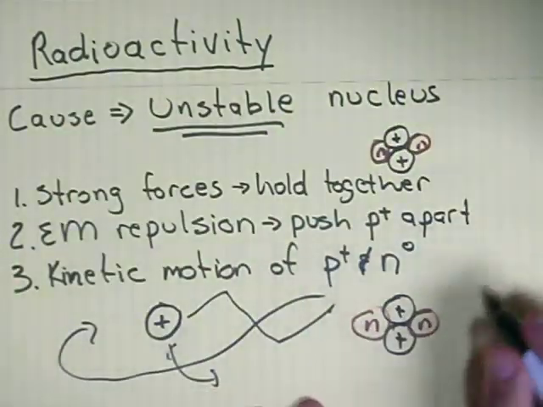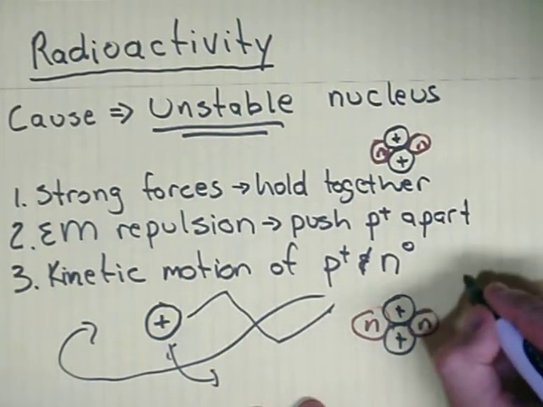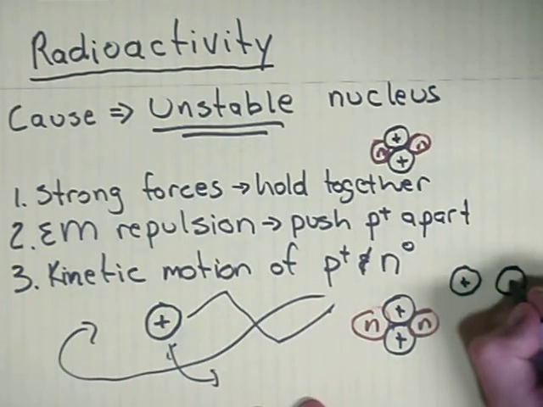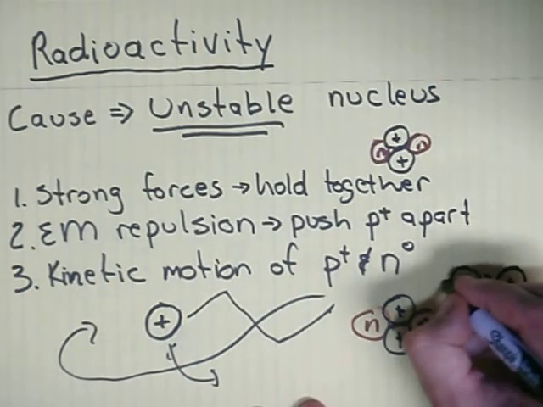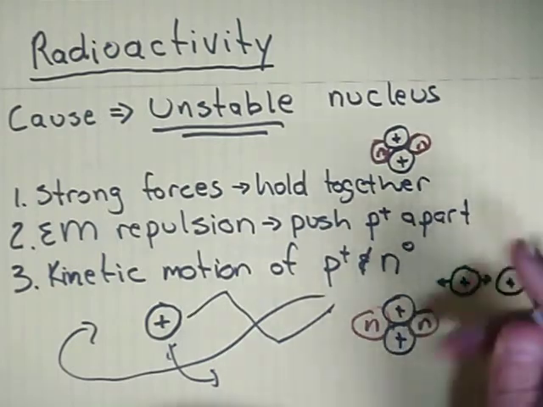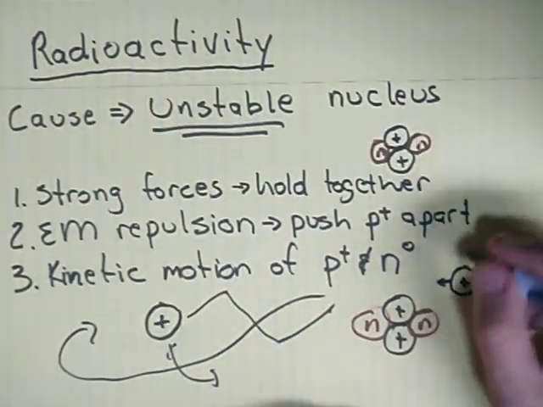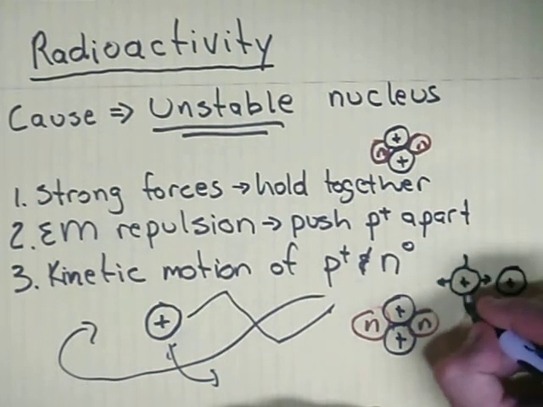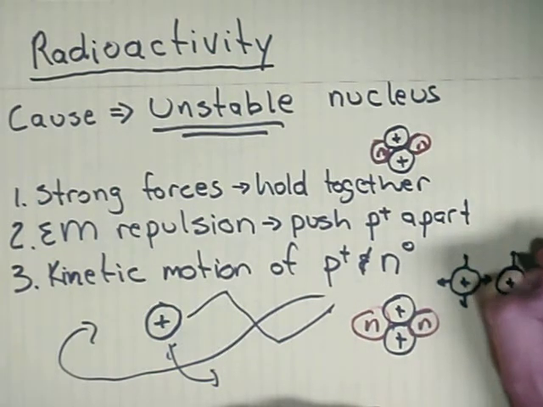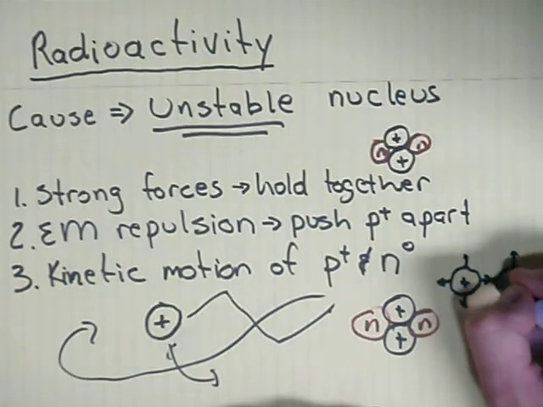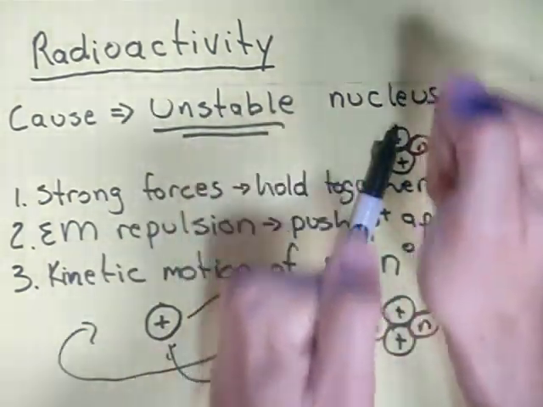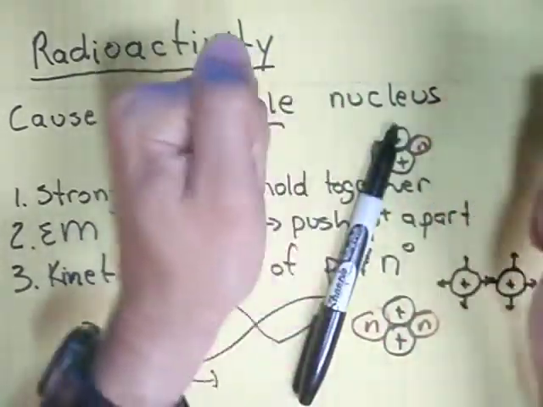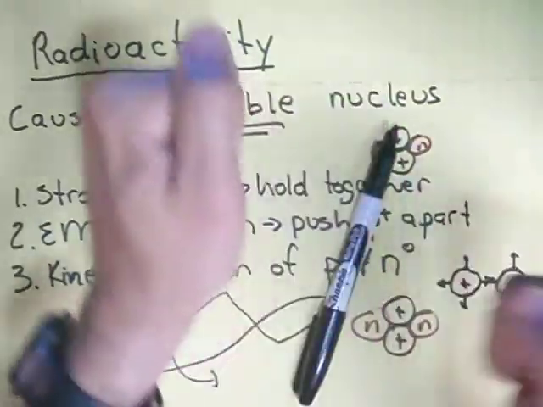So you get movement in this direction, and you also get movement, essentially, in all three directions, or all three planes. Moving this way, and then up and down, and in all those different directions.